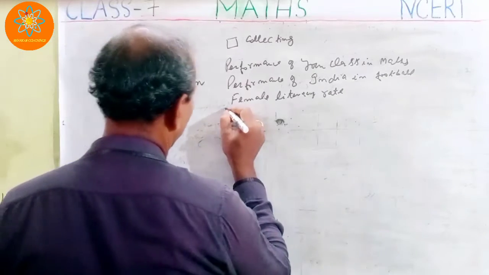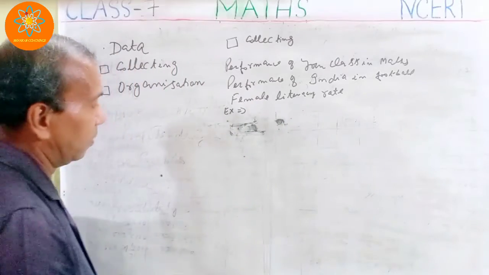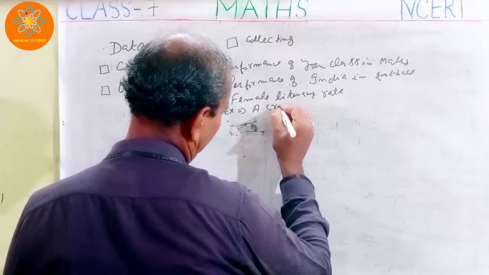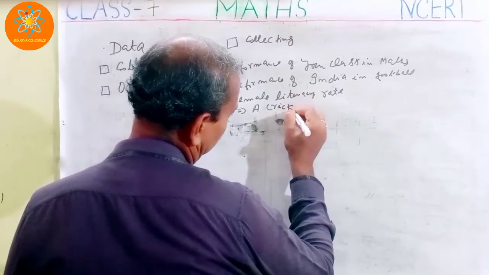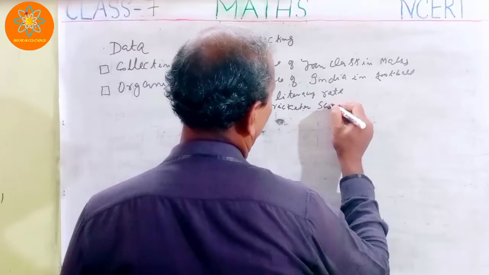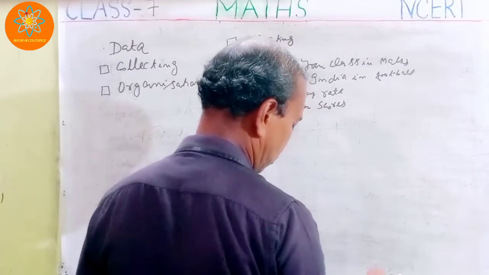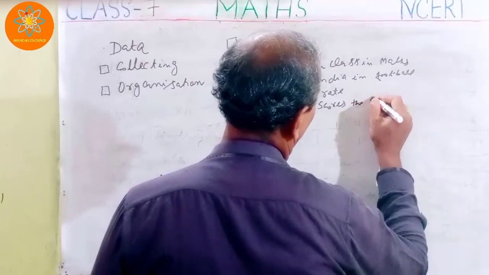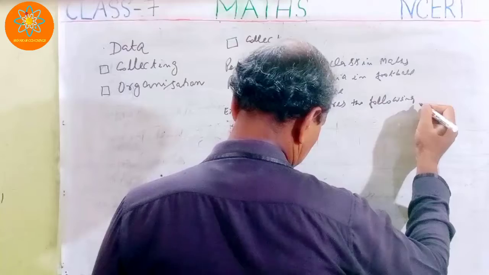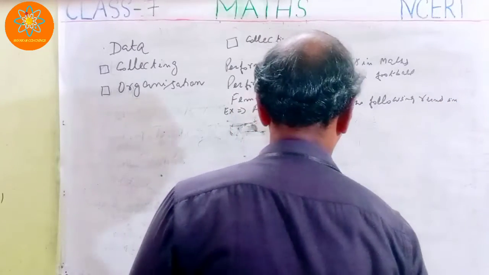I'm taking one example for collecting the data. A cricketer scores the following runs in 8 innings.